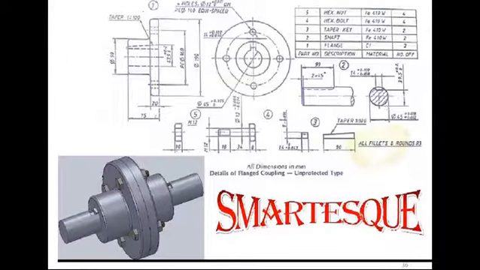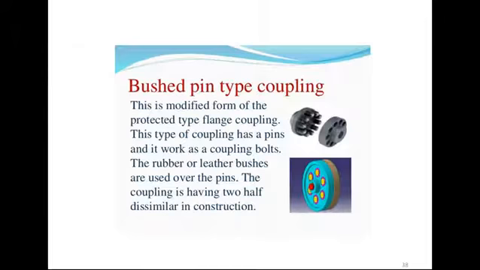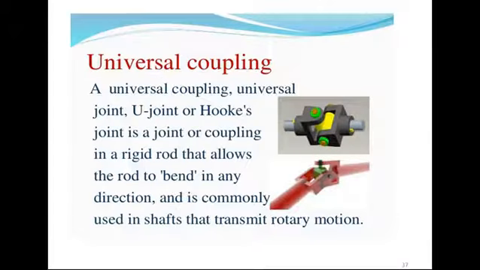Okay friends, whatever remaining things about the universal coupling and the pin type coupling, I have kept for the next lecture. So I am just going to revise whatever we have learned today. Today we have learned how to draw threads on paper.